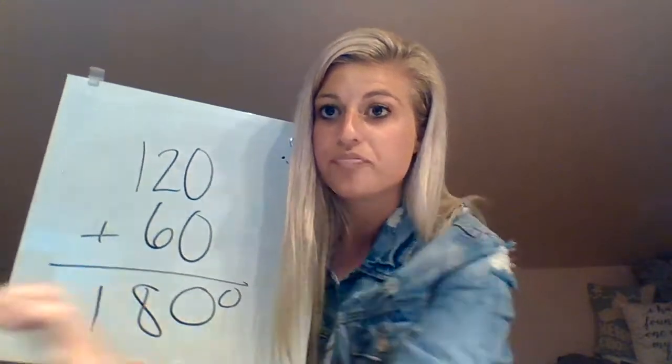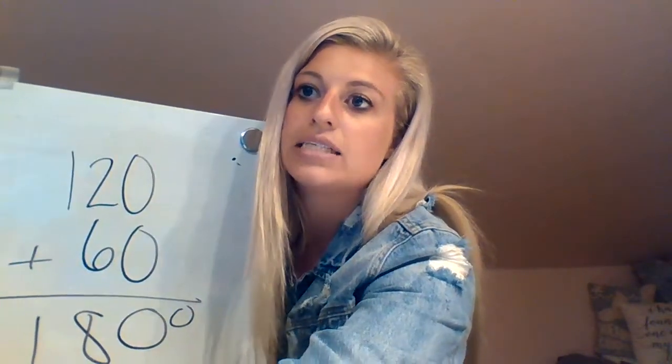So good job. And last but not least today, we're going to look at number 5. It says, Carrie drew 2 acute, so right there, acute, we know they're going to be less than 90 degrees, non-overlapping angles that share a ray and label them angle ADB and angle BDC. The 2 angles have the same whole measure.